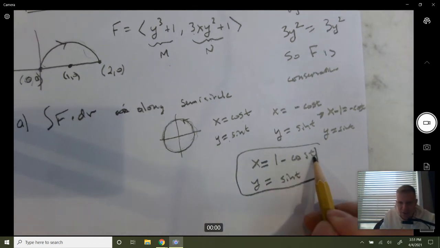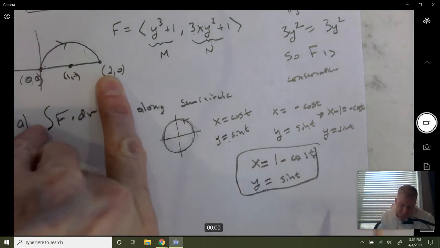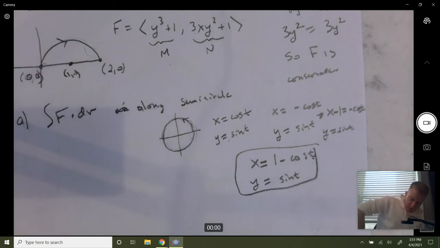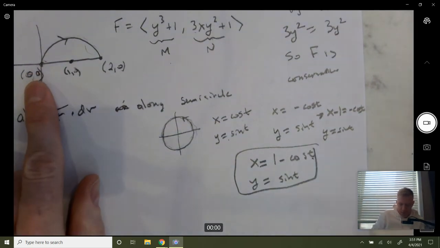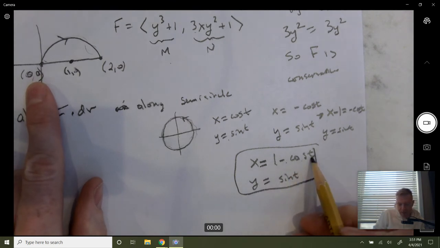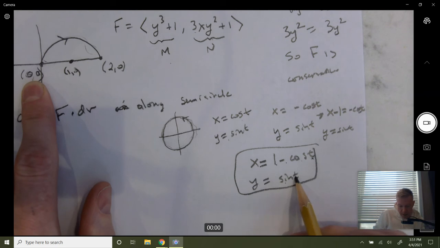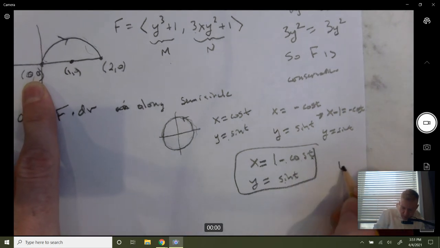When t is 0, we should be at the point, let's see, did I do this right? When t is 0, we should be at (0, 0). Okay, so 1 minus cosine of 0, cosine 0 is 1. So that's correct. Sine of 0 is 0, and we'll say t goes from 0 to pi.